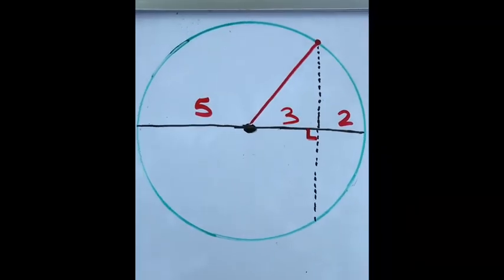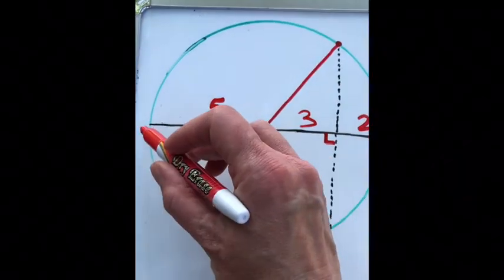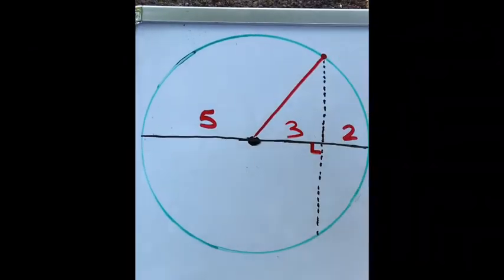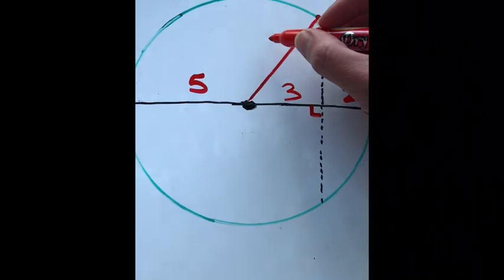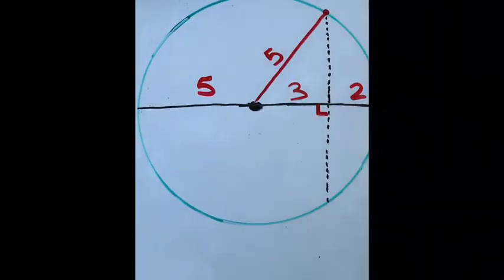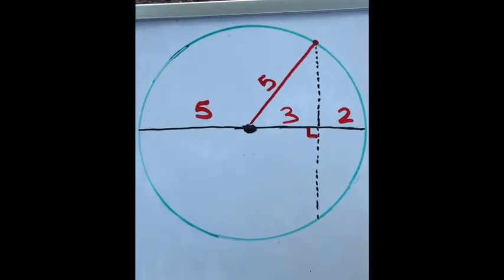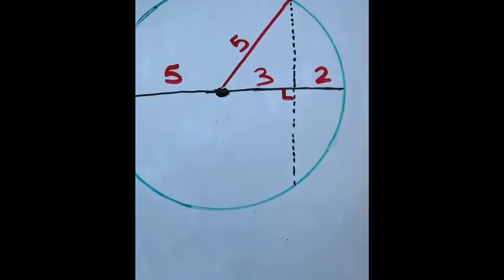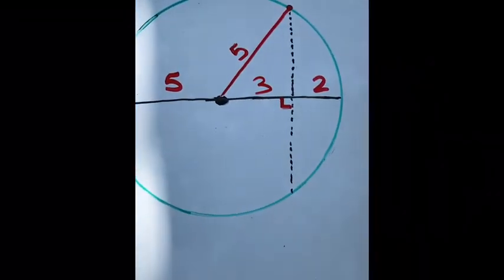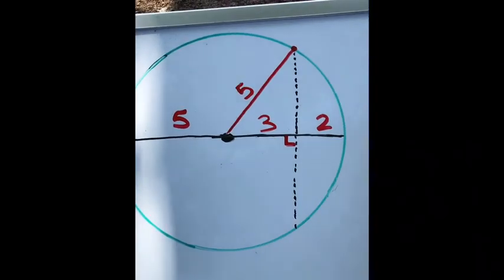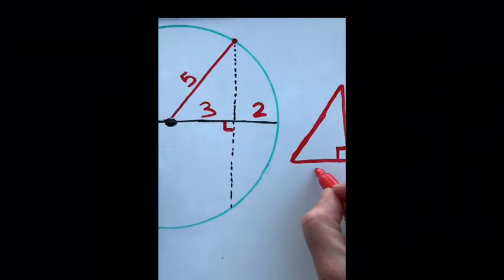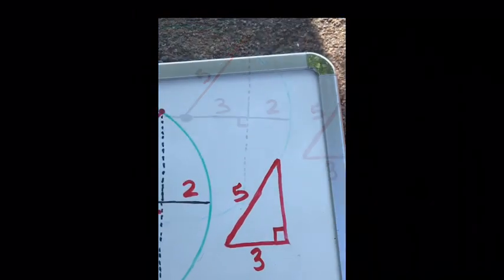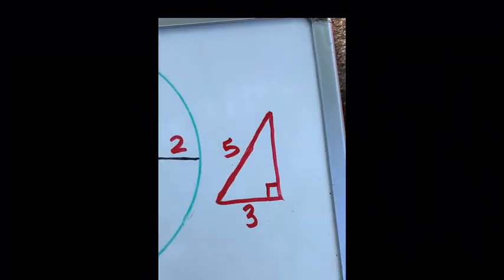Yes, that's a radius. So if this radius is 5 and this radius is 5, this radius is also 5. Excellent. I'm just going to draw this right triangle so that all we're looking at is the triangle. We've got 3 and 5, and we're going to find this piece.